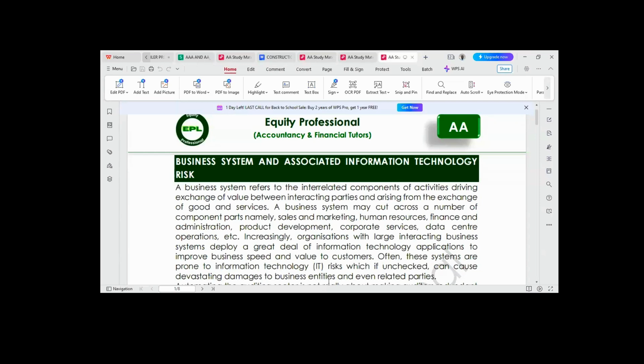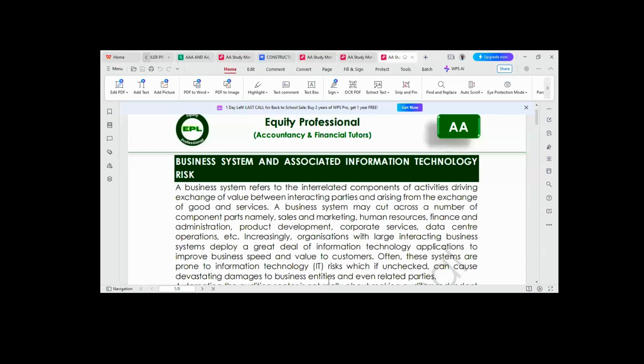So a business system refers to the interrelated component of activities driving exchange of value between interacting parties and arising from the exchange of goods and services. So if you look at the business, you have the accounts department, you have the HR department, you have the IT department, you have the legal department. All of these, they are working together.